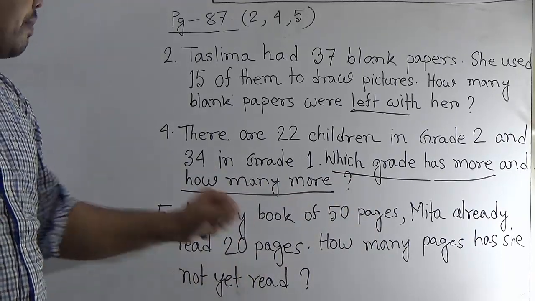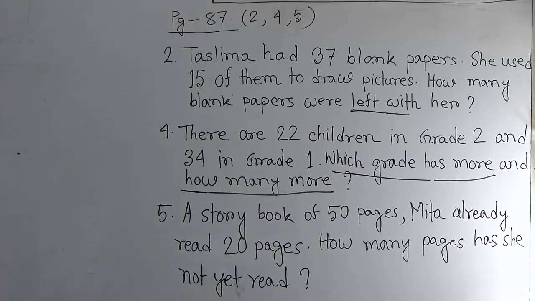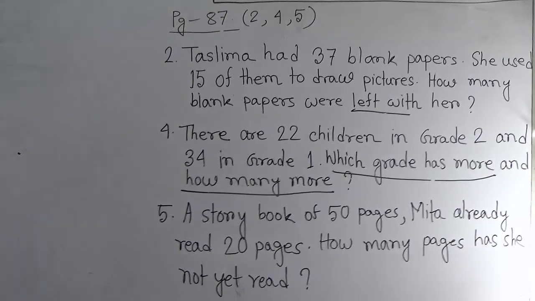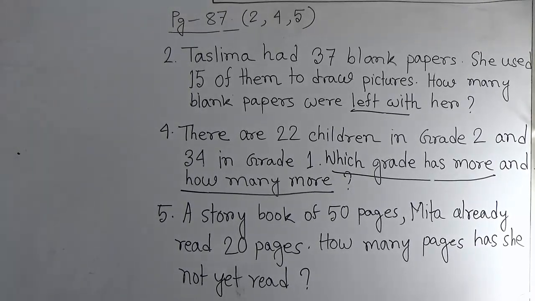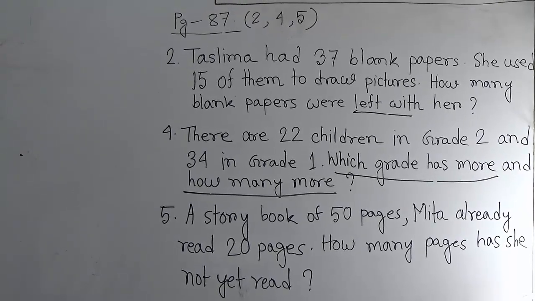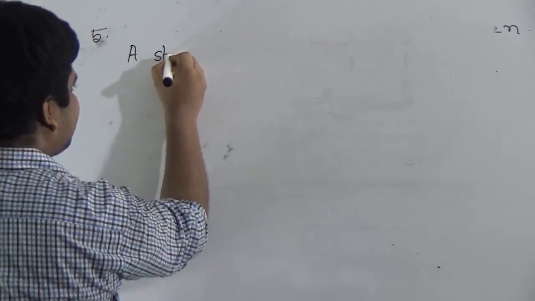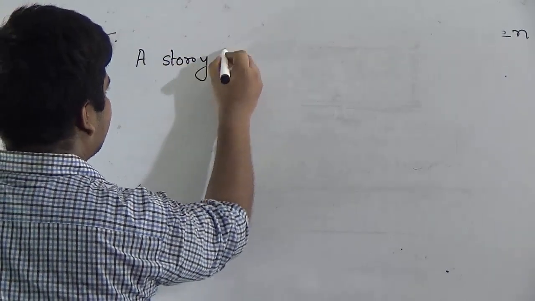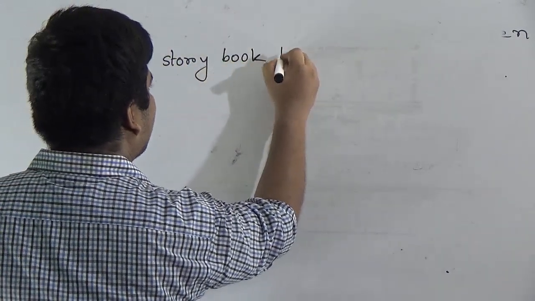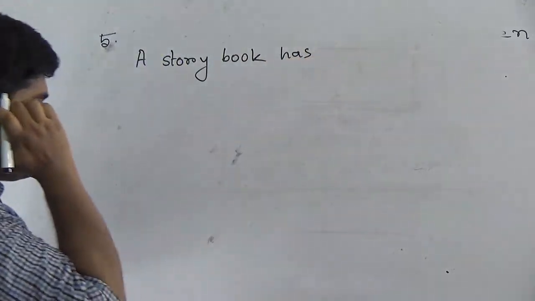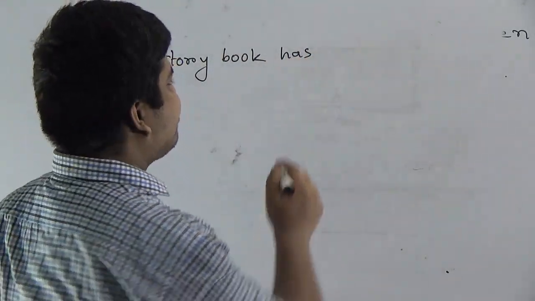That means we do subtraction here to find out the answer. So write first the question number. At first we write: a story book has how many pages? 50 pages.